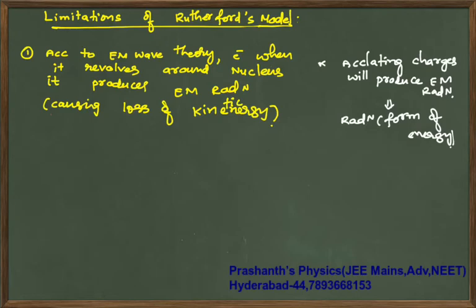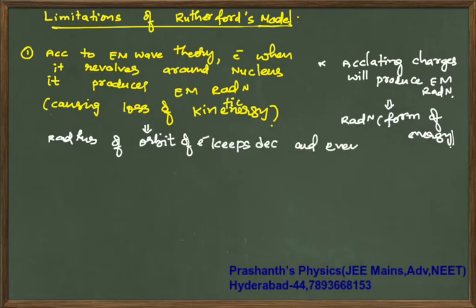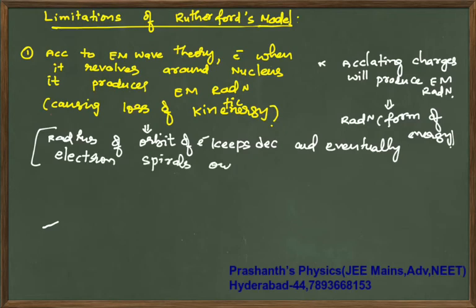So this implies what will happen? The radius of the orbit of the electron keeps decreasing, and eventually the electron spirals into the nucleus, causing instability and collision.